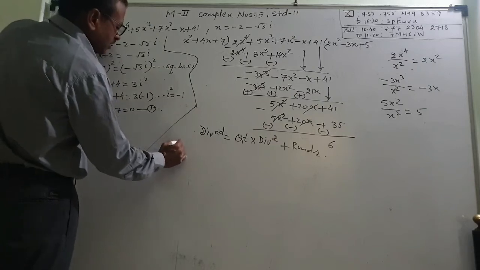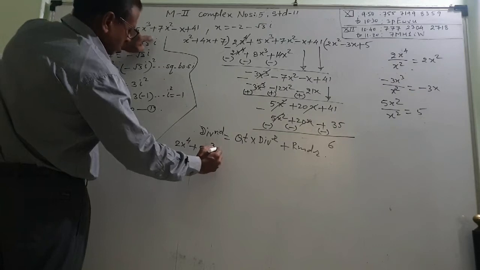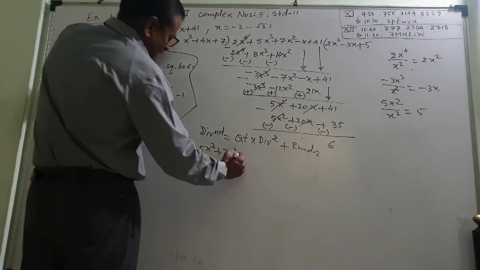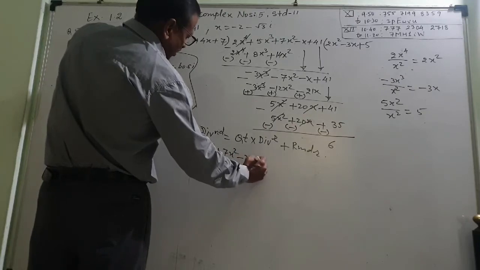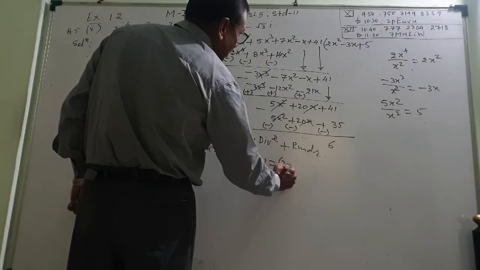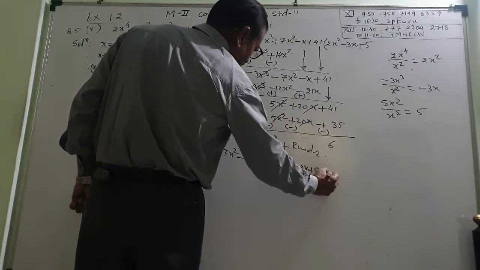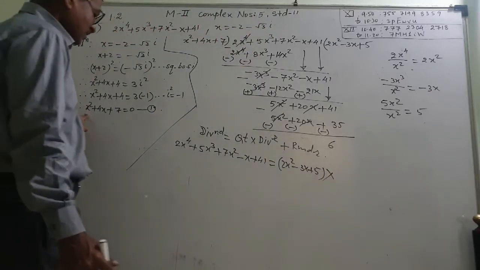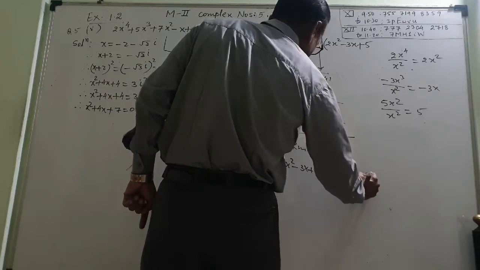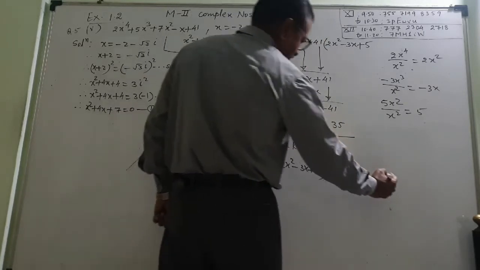So this is 2x raised to 4 plus 5x raised to 3 plus 7x square minus x plus 41 is equal to, quotient is 2x raised to 2 minus 3x plus 5 into divisor is, this is our divisor, x square plus 4x plus 7 and plus remainder is plus 6.